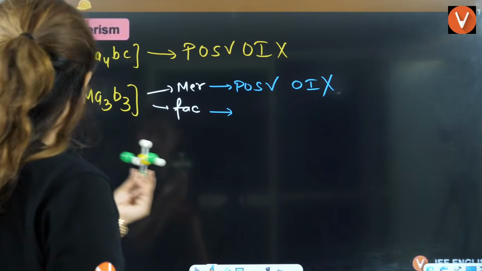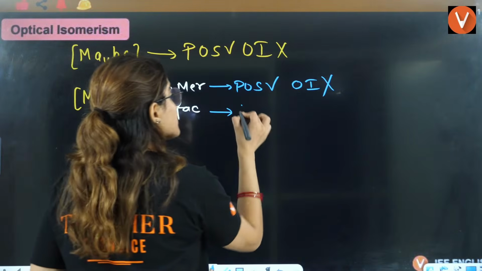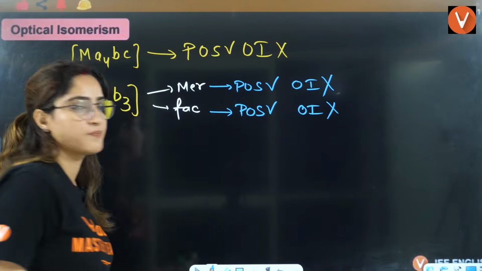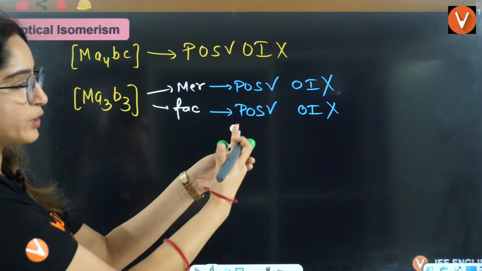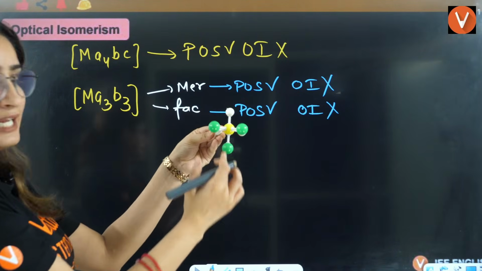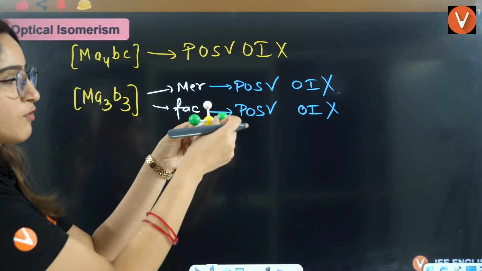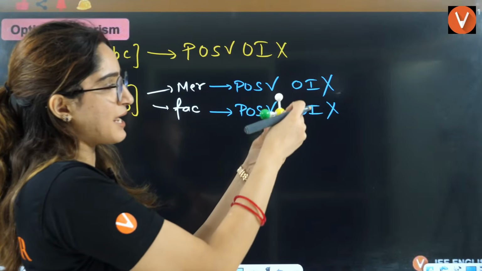So POS is present here as well, and optical isomerism here also does not exist. This white and this green will be cut into equal halves. Green and green are two parts, white and white are two parts. So POS is definitely present like this.